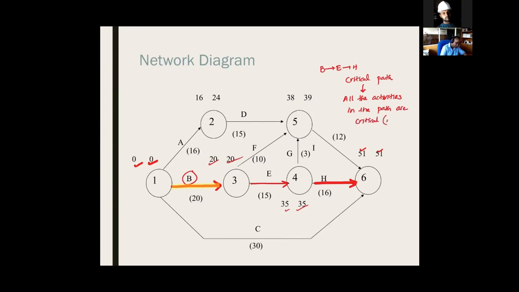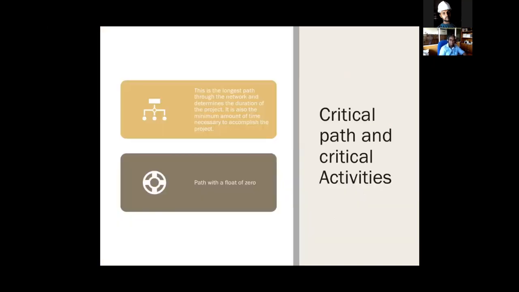Critical means no float. So the critical path of this project is B, E, H. That is what we mean by the critical path.